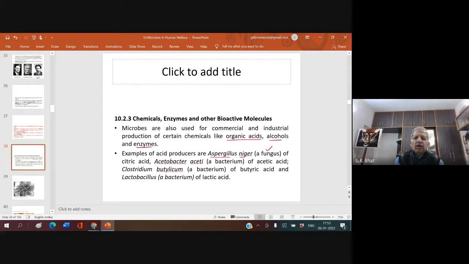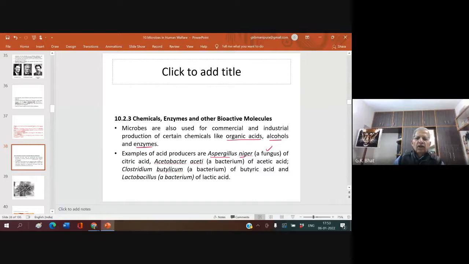So, you have this Aspergillus niger. It is known to produce citric acid. Always a question is asked: which microbe produces what chemical? Acetobacter aceti, easy to remember, produces acetic acid. Clostridium butylicum produces butyric acid. And Lactobacillus produces lactic acid. All these are very important.